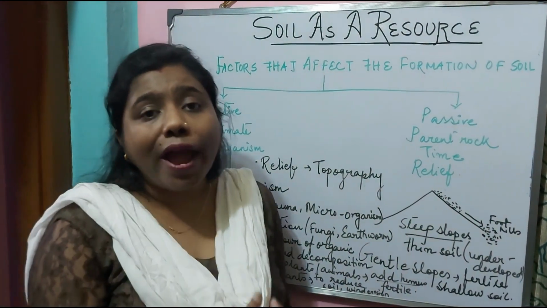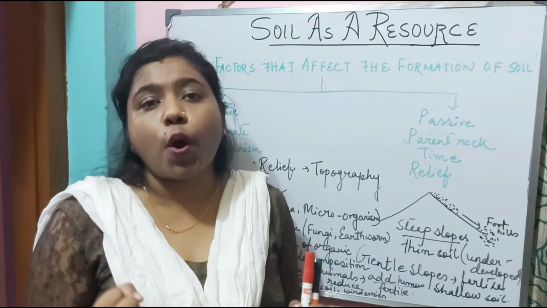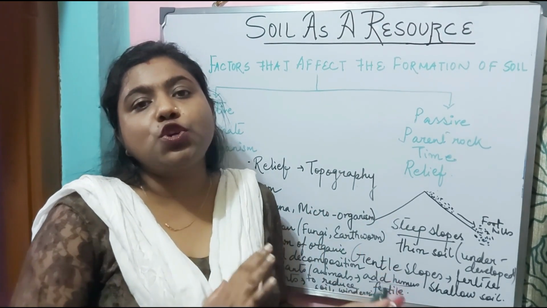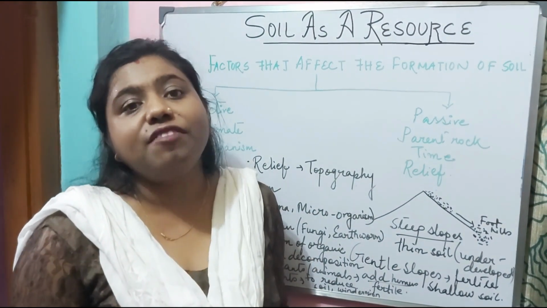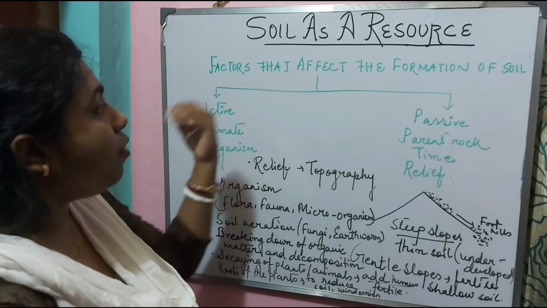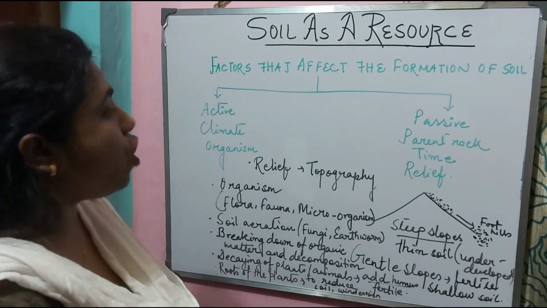So the texture of soil, characteristics of soil, mineral composition of soil varies from one place to another. And why they vary? Because of these reasons that are active and passive factors that lead to formation of soil.